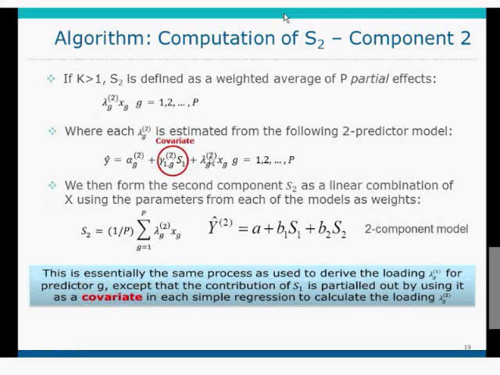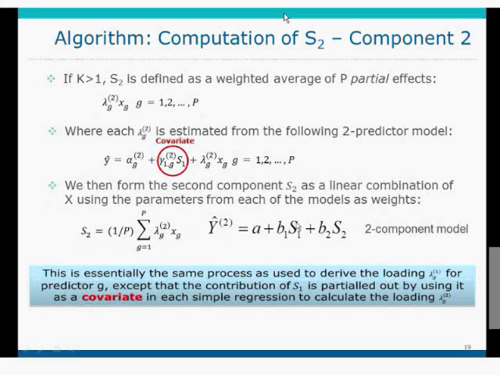So now for each predictor, xg, one at a time, we enter that and do a regression of y on S1 and that predictor. So we now have two predictors in the model. So we compute lambda G2 as the partial regression coefficient controlling for S1. And we use those as the weights for the xg, and that gives us the S2.